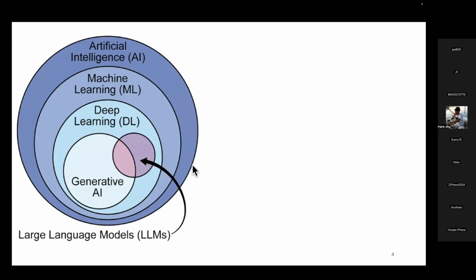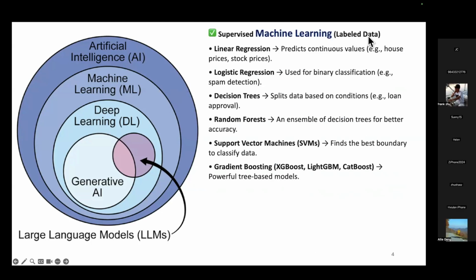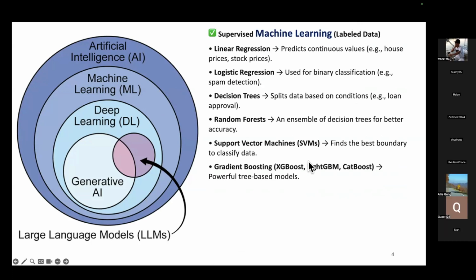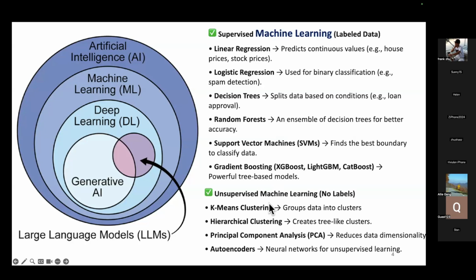In machine learning, we all know traditionally there is supervised machine learning like regression, decision tree, random forest, or support vector machine, or sometimes unsupervised machine learning, like clustering, K-means clustering, or PCA.